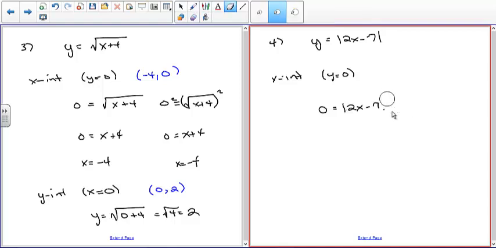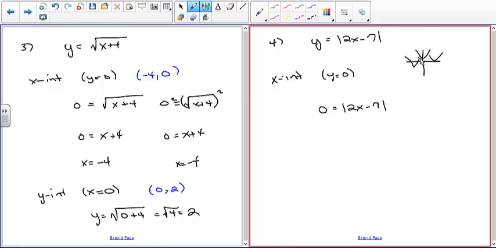In this case, let me make sure I get this right here. If you think about the absolute value function, it could look like that, it could look like that, or it could go below.